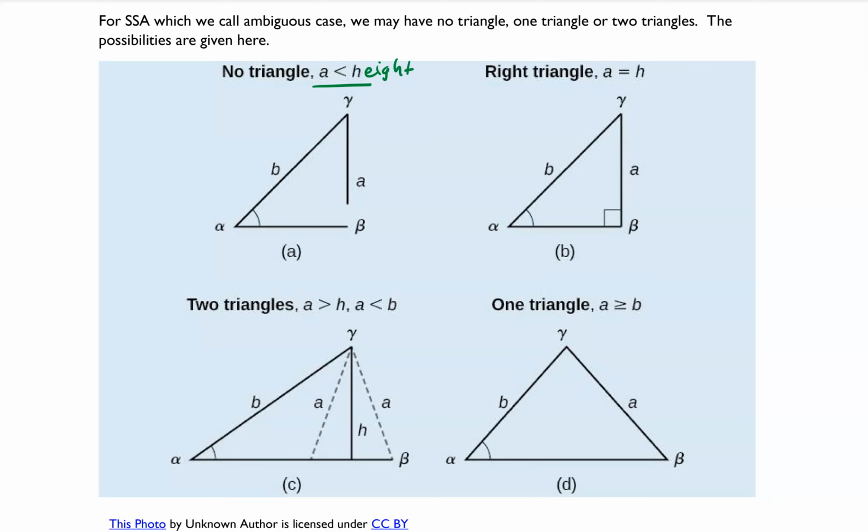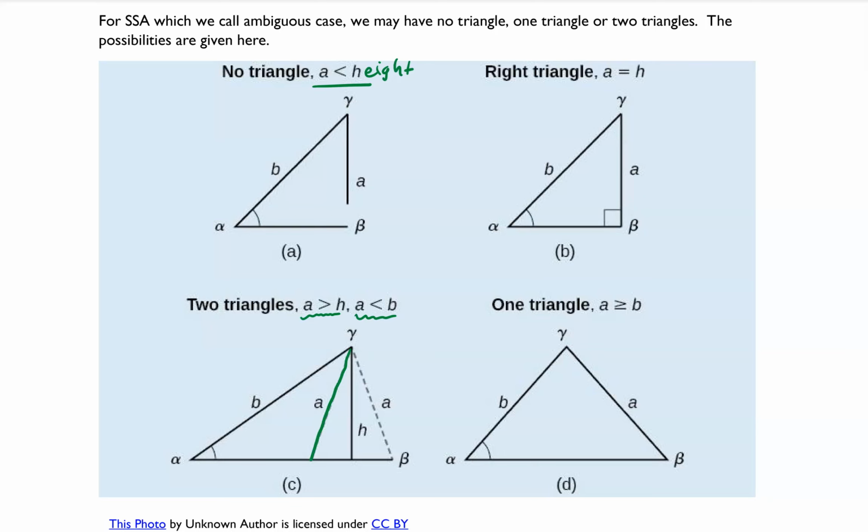Now, if a is more than h, but a is less than b, where b is this side length here, then what can happen is you can end up with two triangles, one where a is going like that, or where a is going like that.